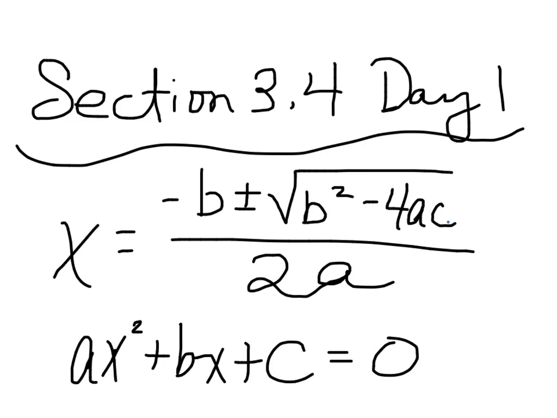The a is the number in front of the x squared, the b is in front of the x, c is in front of the nothing. It's the one that has a constant. The main thing is you got to make it equal to 0 before you can take the numbers out. Everybody okay with that so far? All right, good. So here's how they're going to look.